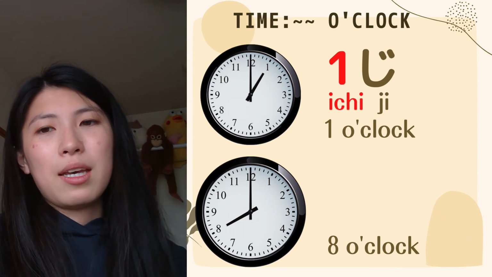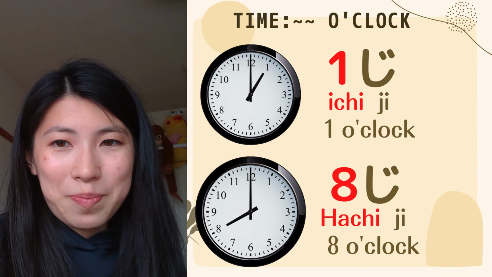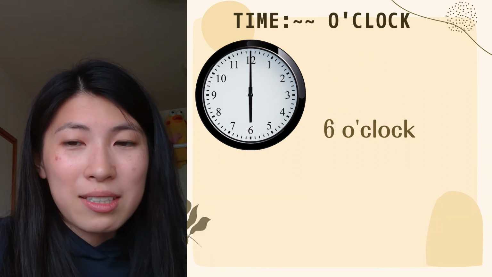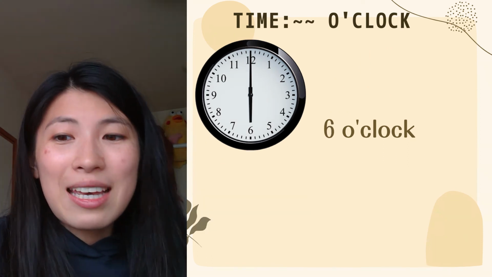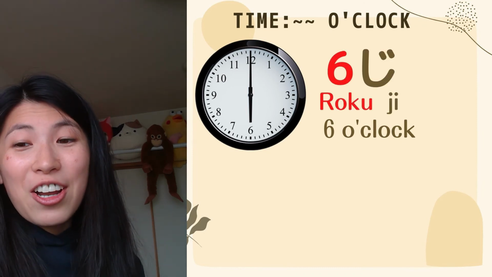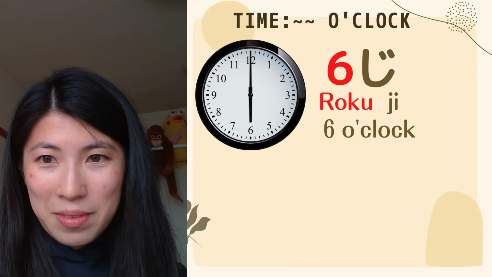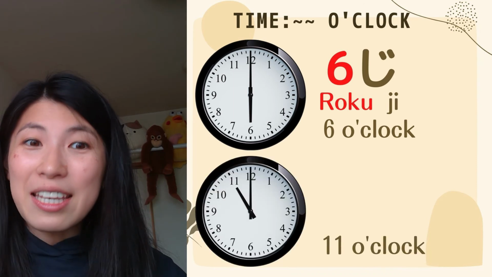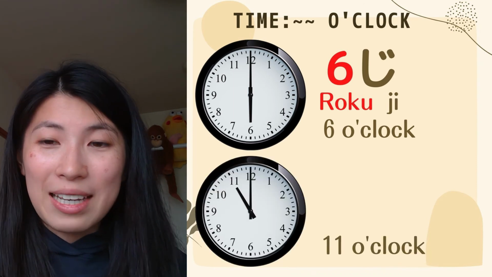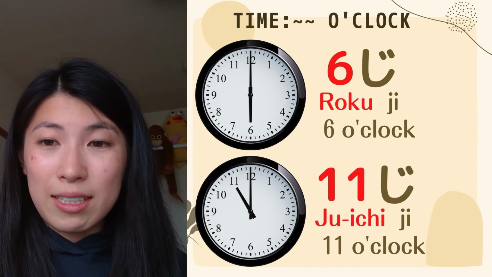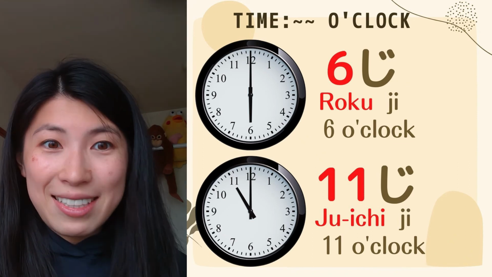It's gonna be 8時. What about 6 o'clock? It's gonna be 6時. How to say 11 o'clock? It's gonna be 11時.